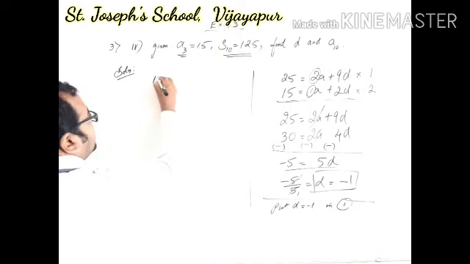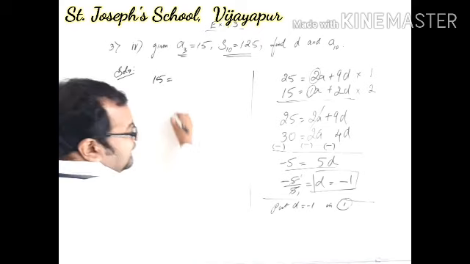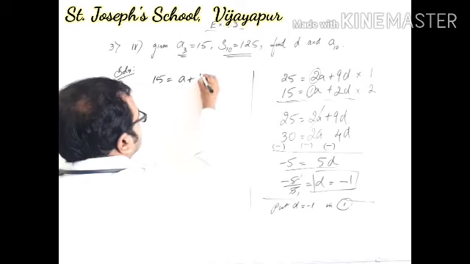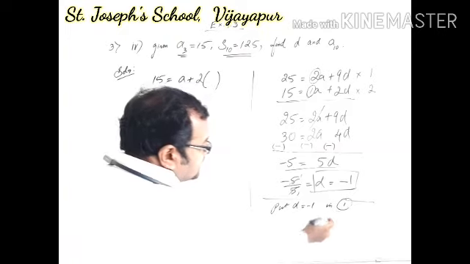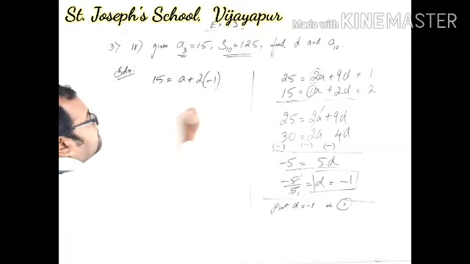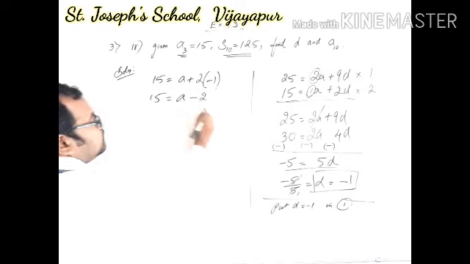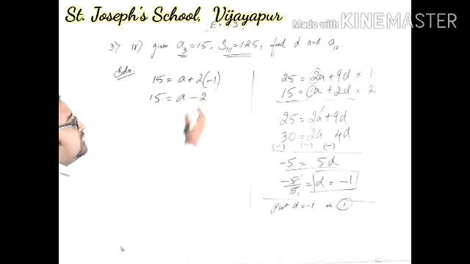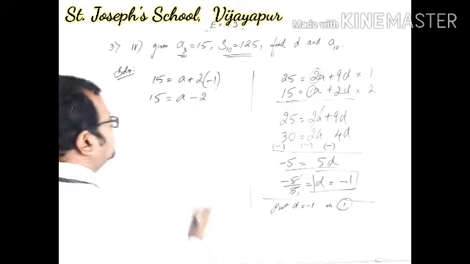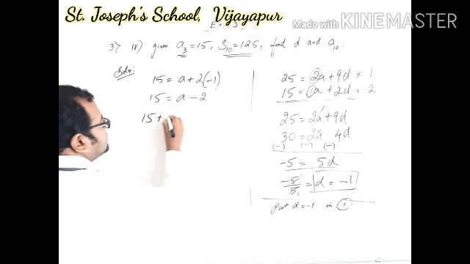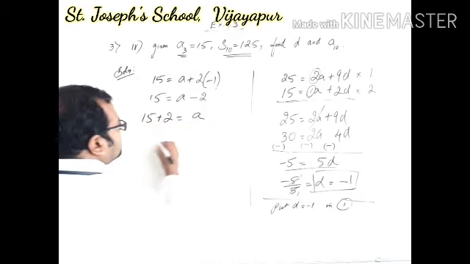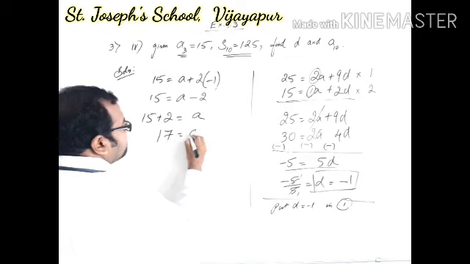So 15 is equal to a plus 2d. But d is replaced with minus 1. 15 is equal to a minus 2. 2 into minus 1 is minus 2. Minus 2 comes to the other side, becomes plus 2. So 15 plus 2 is equal to a, which is 17.